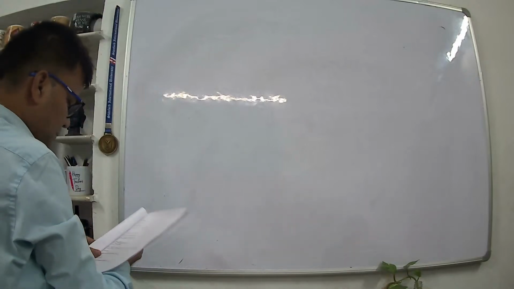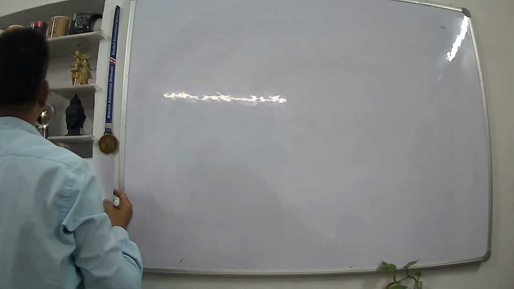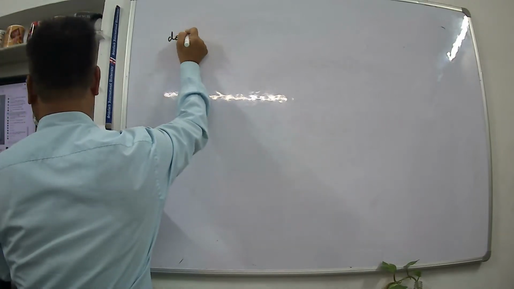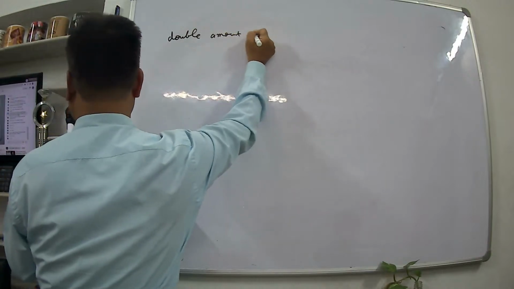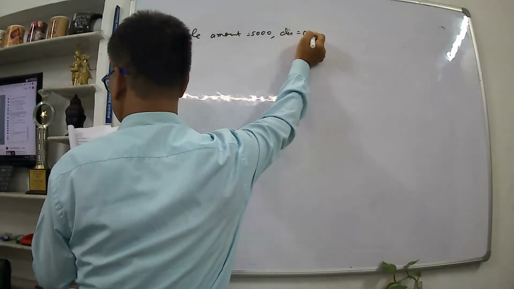Now if I say double amount is equal to 5,000, discount is equal to 0.